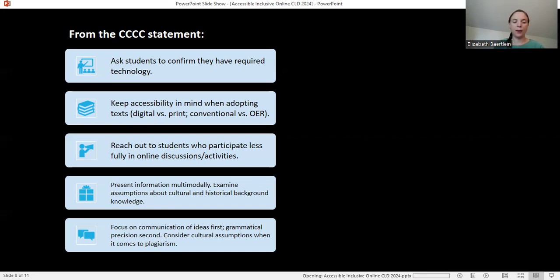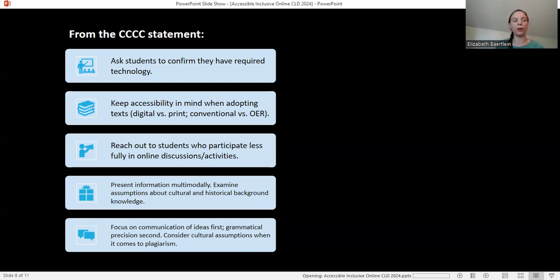Maybe include links to things if you're going to require a certain level of background knowledge on a certain person or topic. And then another good way to include multilingual students in any sort of written assignment, like online discussions or anything they're submitting in writing, is to focus on their communication of ideas first and grammatical precision second. Writing in an additional language is just like speaking.